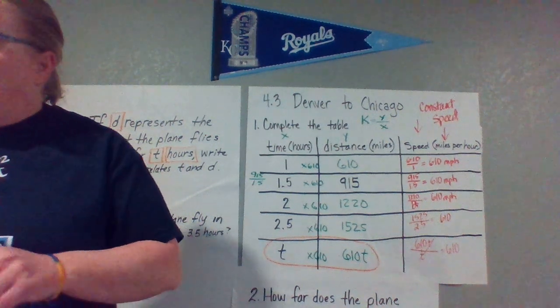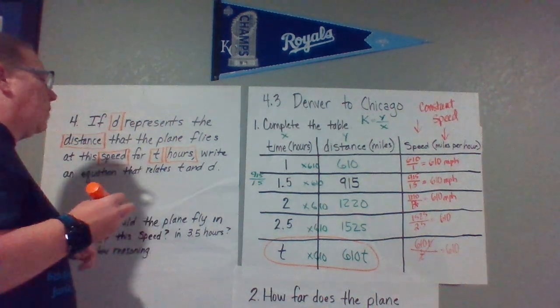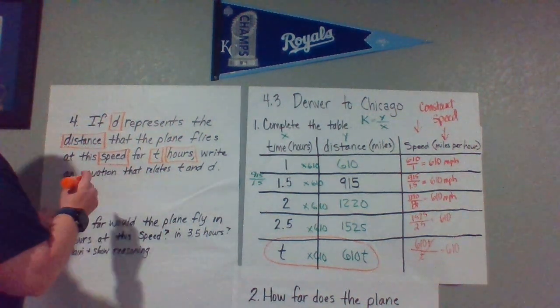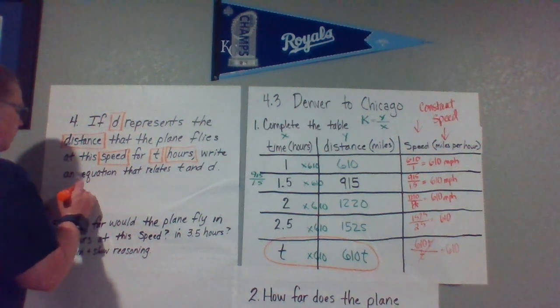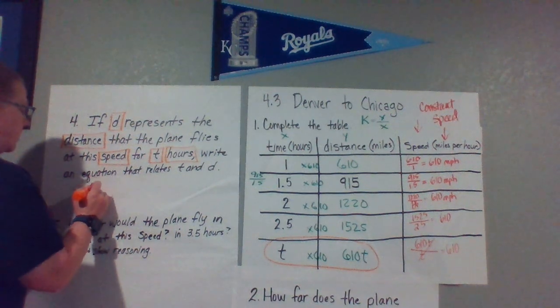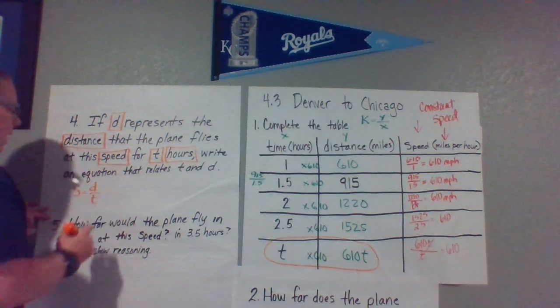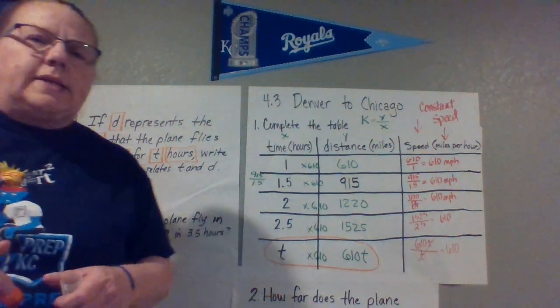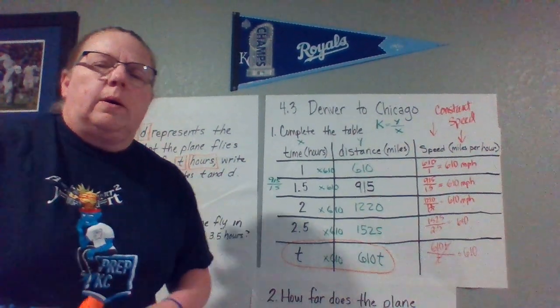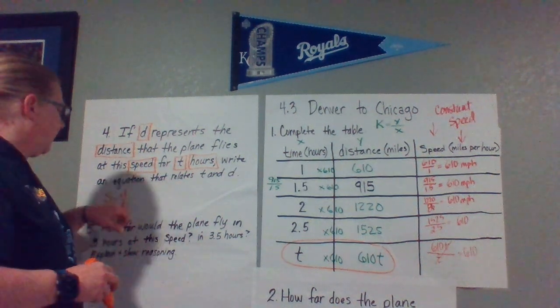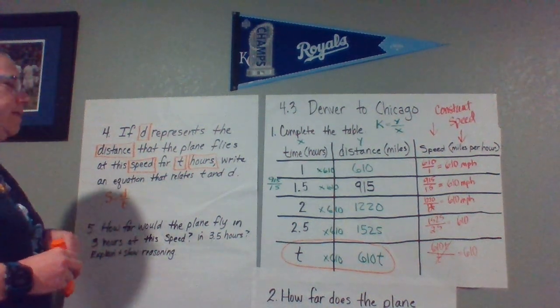If I'm looking at the speed formula, think back to science in 7th grade when we talked about speed. The speed formula is speed equals distance over time. I take the distance and divide it by time, and that always gives me my speed.